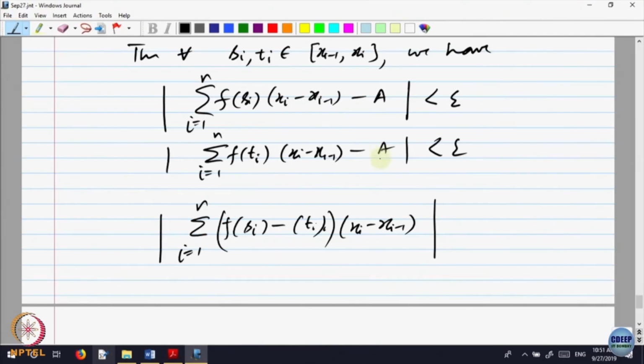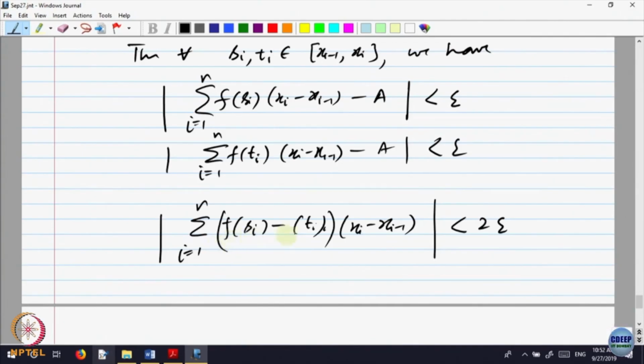Right. So I can add and subtract A. This is the summation of f(si) minus capital A times this length, plus minus that of the other one. So I am saying this is less than 2 epsilon. Is that okay? Because what is the first term?